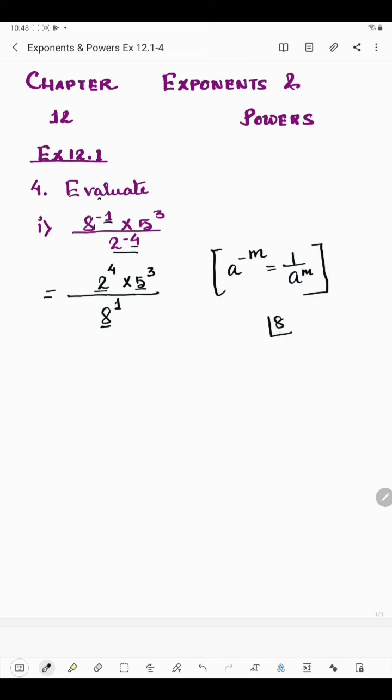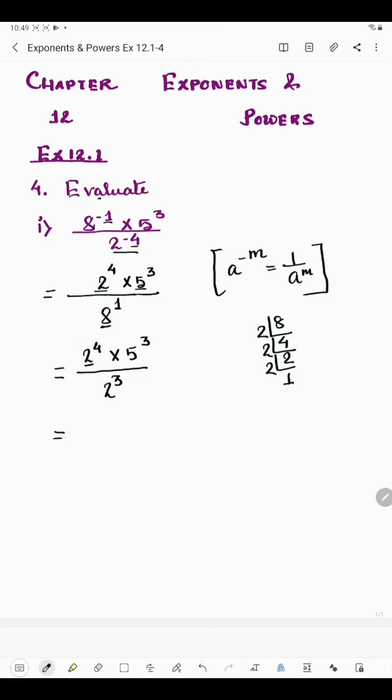So 2 4s are 8, 2 2s are 4, 2 1s are 2. So 2 to the power 4 multiplied by 5 cube will remain the same, and in place of 8 we can write 2 cube because 2 appears thrice. So in place of 8 we have written 2 to the power 3.